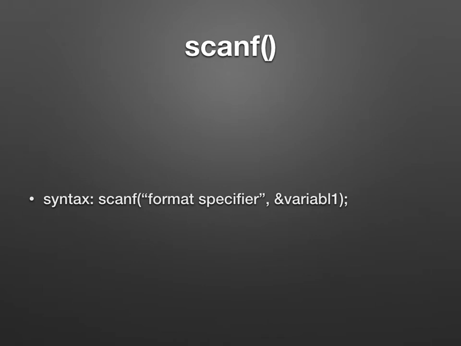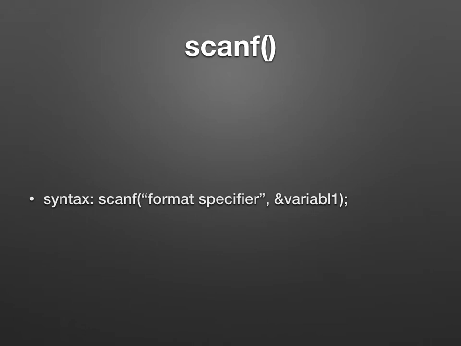When we write a scanf statement, we have to tell the compiler to which variable the data should be stored and also what type of data is entered through the keyboard. The syntax that we follow is a scanf statement with opening and closing brackets. Inside the brackets, the first thing you give is the format specifier.